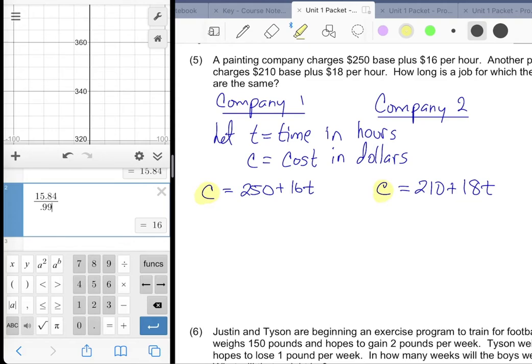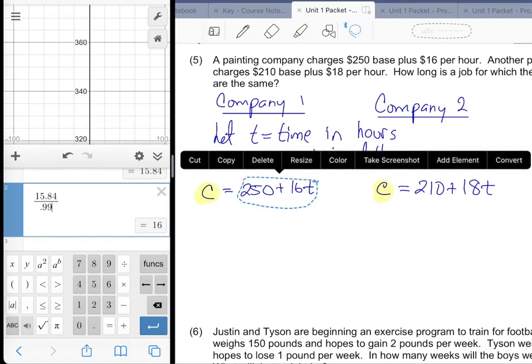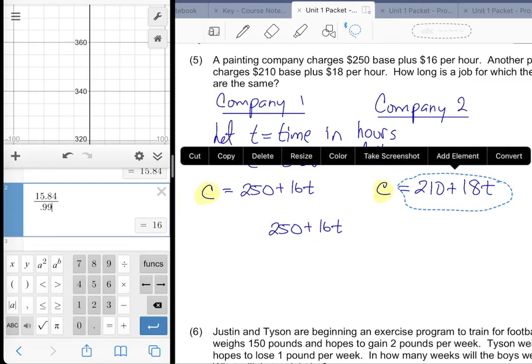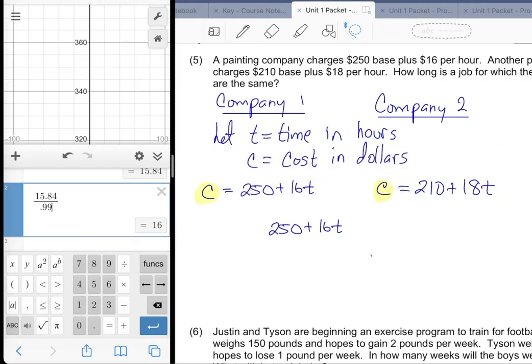So that allows us to take each expression and set them equal to one another. I can take this and set it equal to this because they're both equal to C. Since they're both equal to C, they'd both be equal to each other.